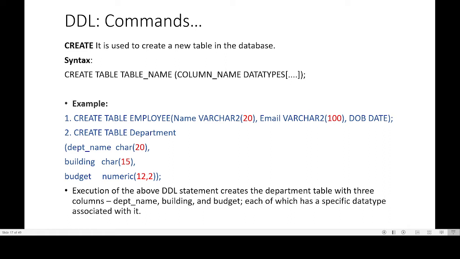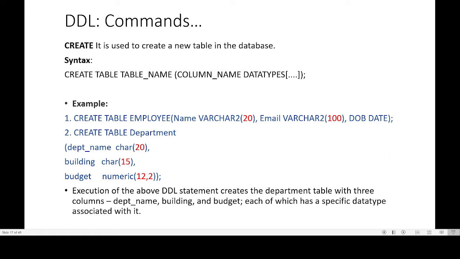For example, suppose we want to create a table named employee. We give the command create table employee, because employee is the name of the table we are creating, and in brackets we write the columns. I want the first column to be name, and we have to give its data type here.